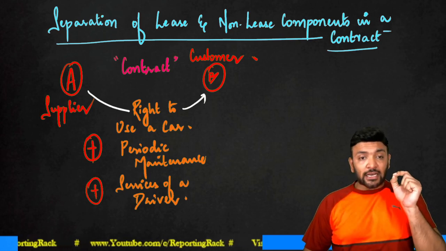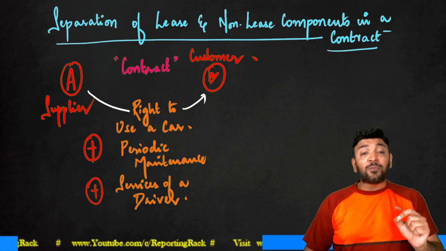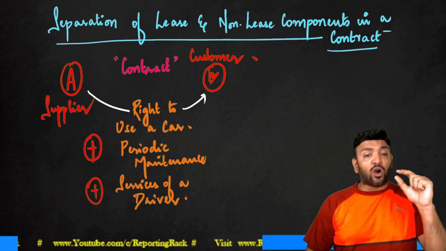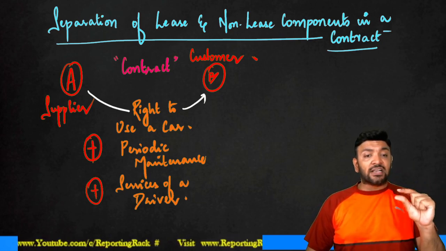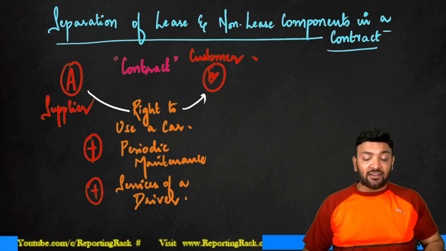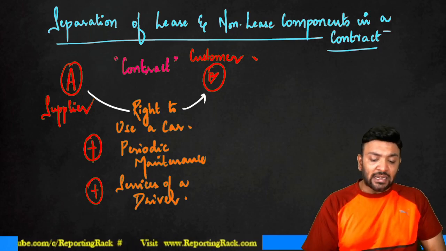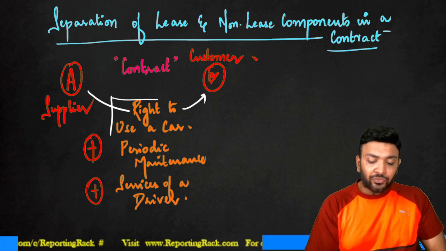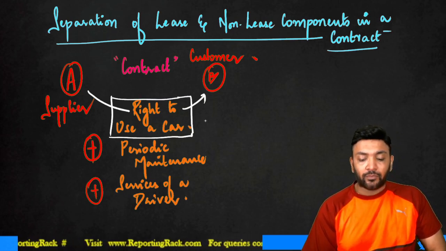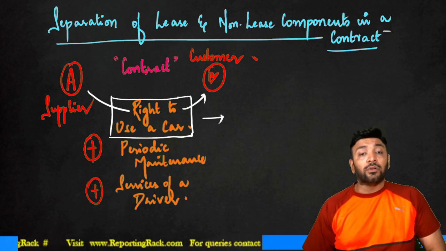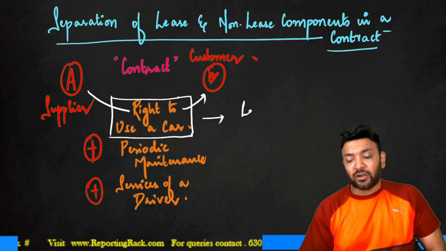In this particular case, where the contract involves a right to use an asset, periodic maintenance of the asset, and services of a driver, I would look at it like this. The right to use of the particular asset is a lease component.